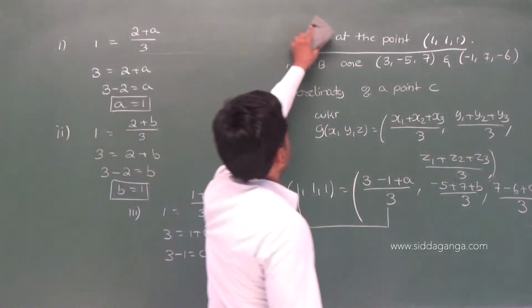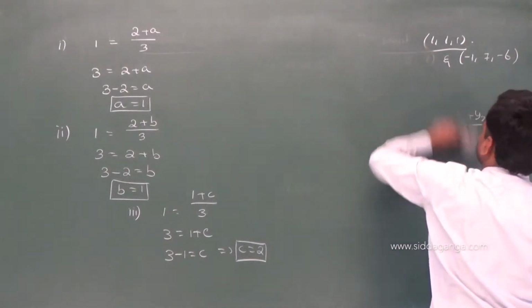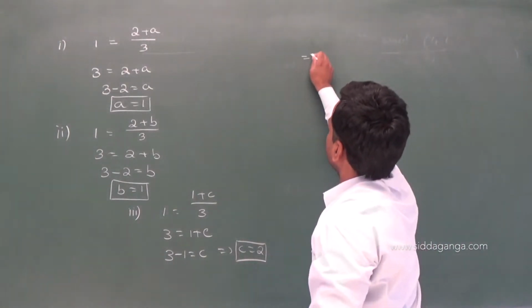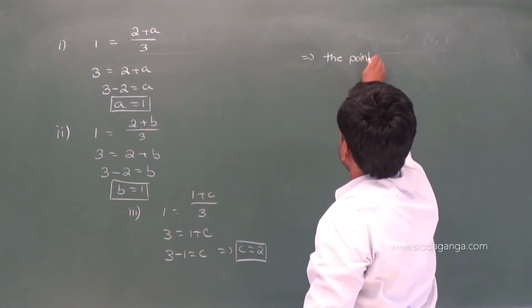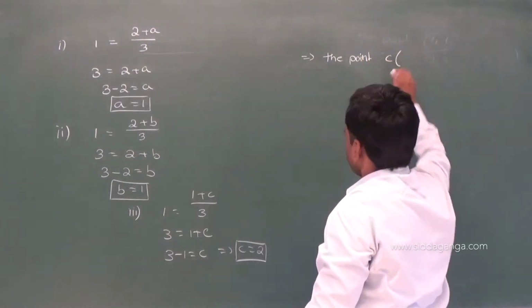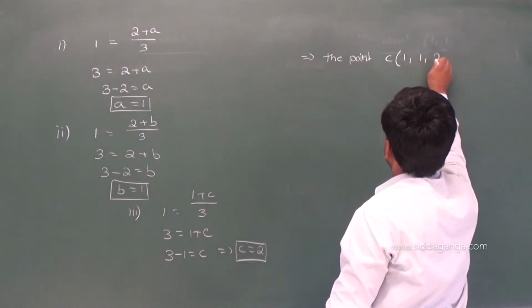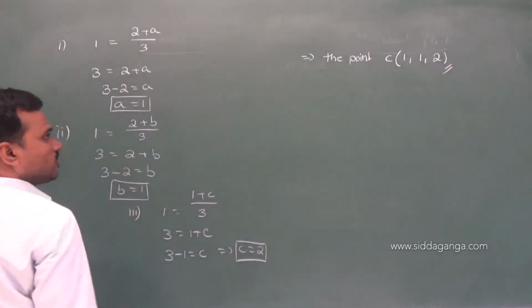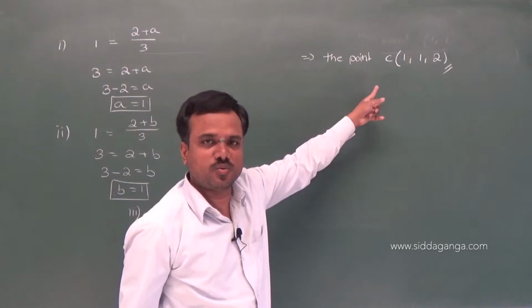Hence the third point C is 1, 1, 2. It is a very important concept. The point C is 1, 1, 2.